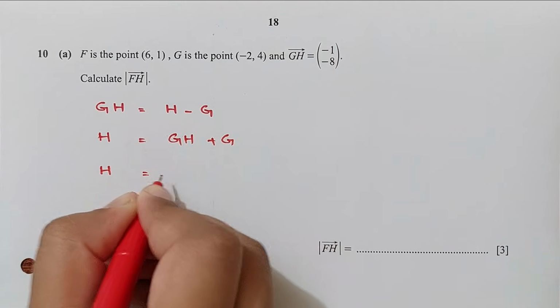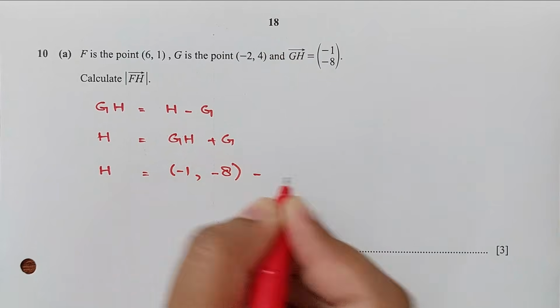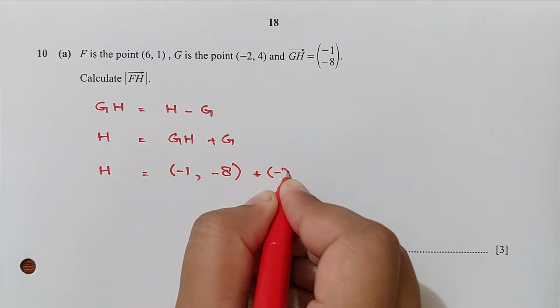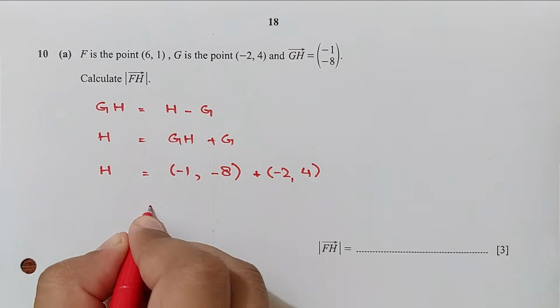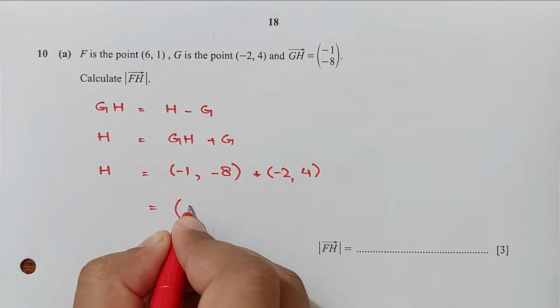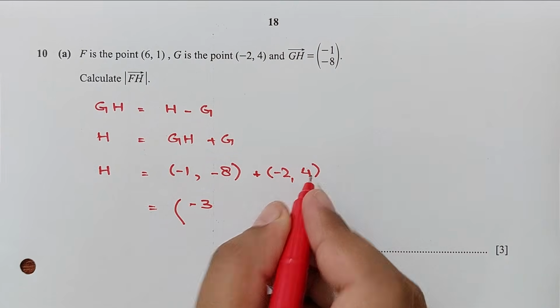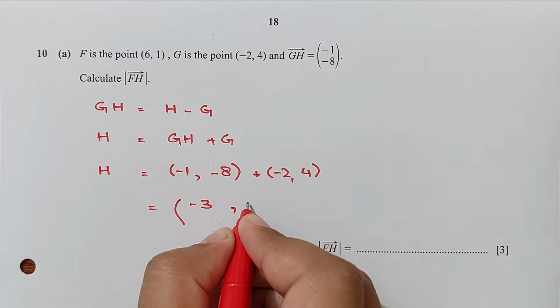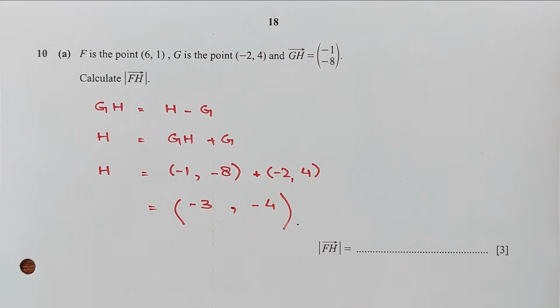So H would be equal to (-1, -8) add G, which is (-2, 4). -1, -2, this would be equal to -3, and -8 and +4 is -4. This is the point H, right? Now we have to solve for FH.